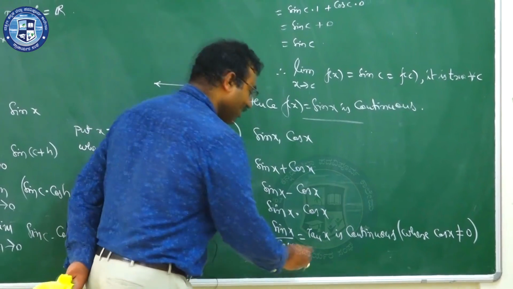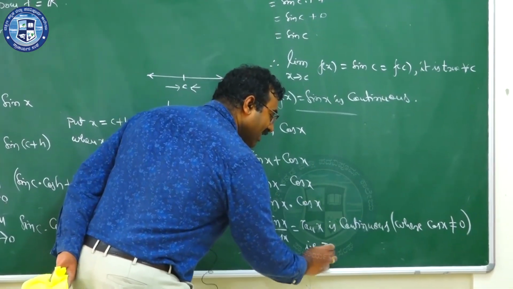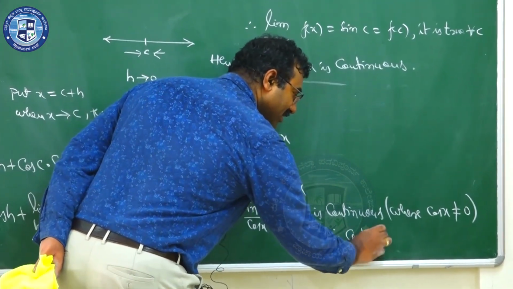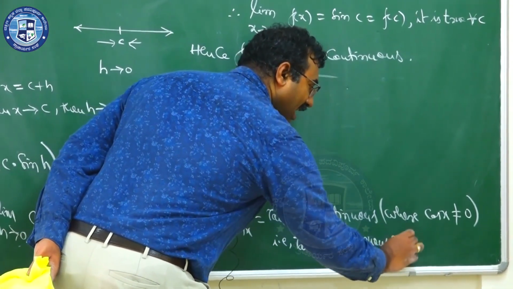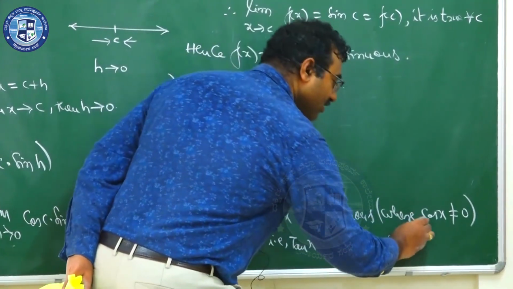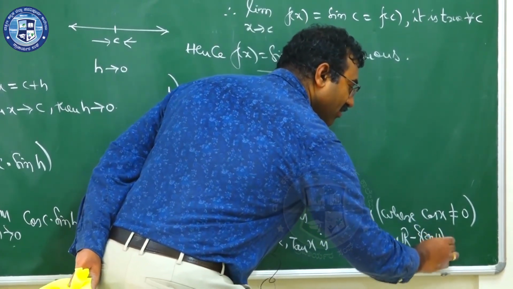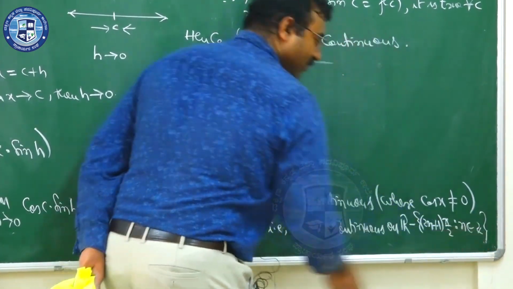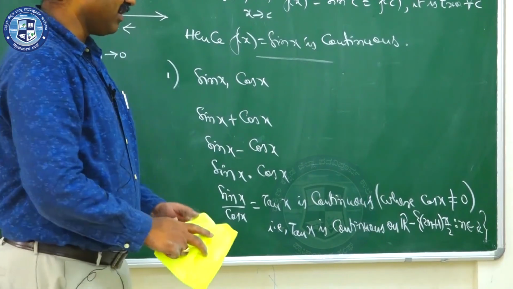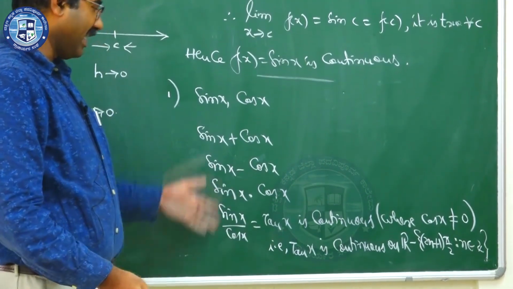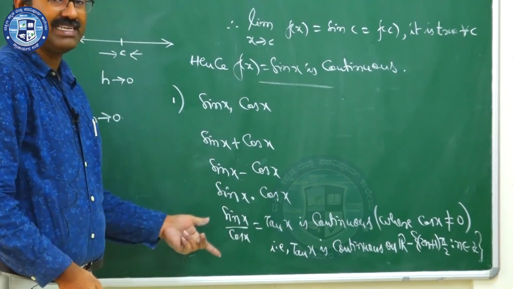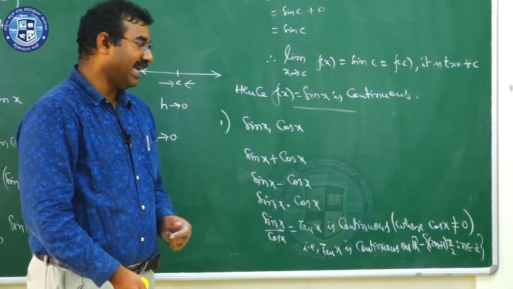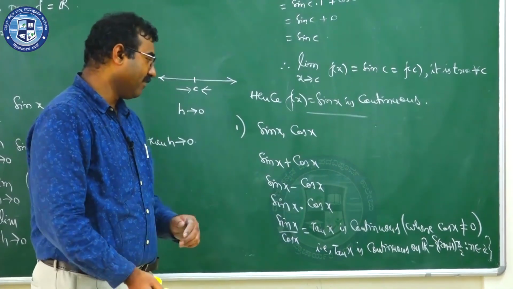That means tan x is continuous on R minus (2n plus 1) into pi by 2, because cos is 0 at all odd multiples of pi by 2. Likewise, cos by sin, that is cot x, is also continuous on R minus n pi, such that n belongs to Z.